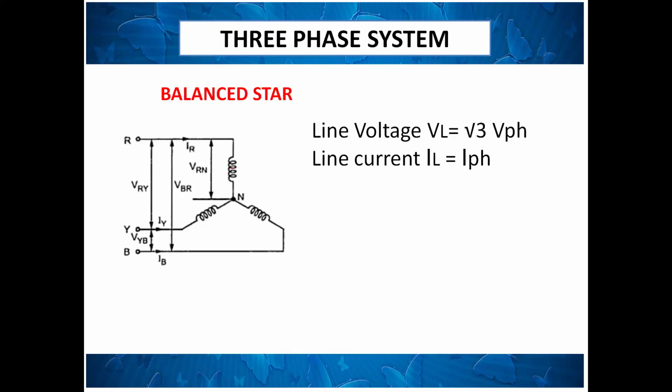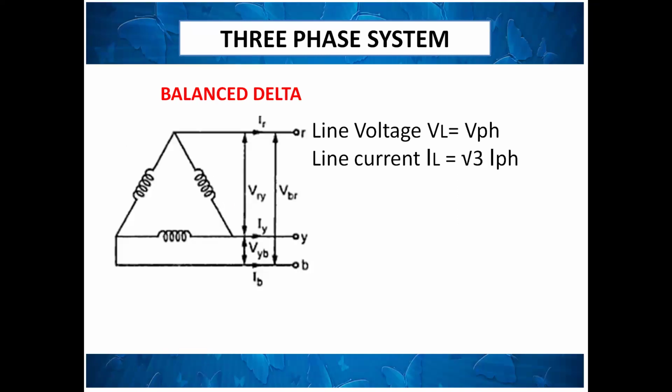So these are the equations for star connection. Line voltage equals root 3 times phase voltage, and line current equals phase current. For balanced delta, the voltages are equal, line and phase, but line current equals root 3 times phase current. These things only you have to write in a 6 marks question. Okay.